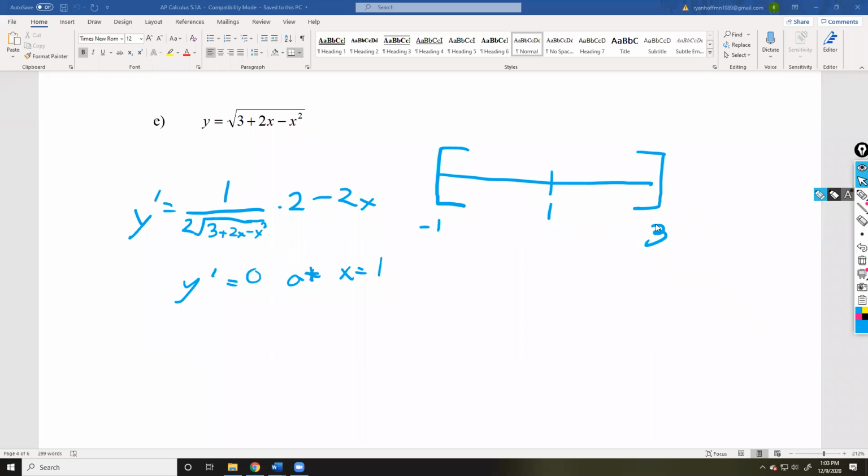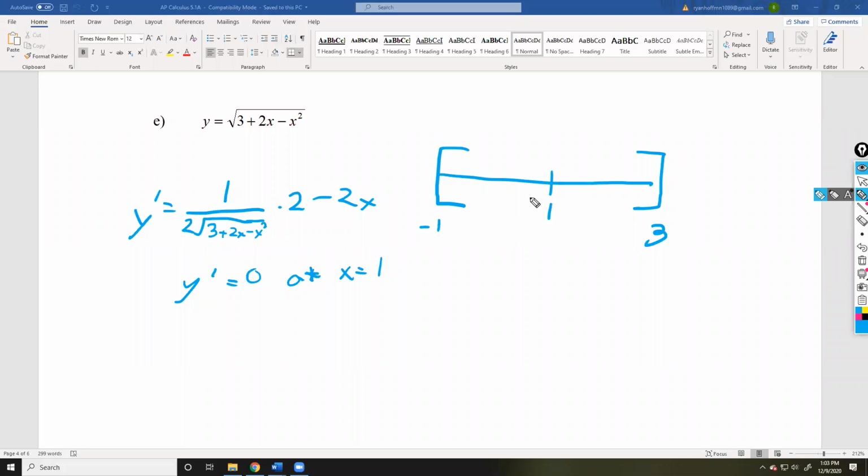So on part E here, once we get this derivative being 0 at 1, one of the groups asked, so what do you do after this? What we do after this is look at where the derivative is positive and negative. Looking at this function, a square root has got to be positive, so we're really looking at where this part is positive or negative.